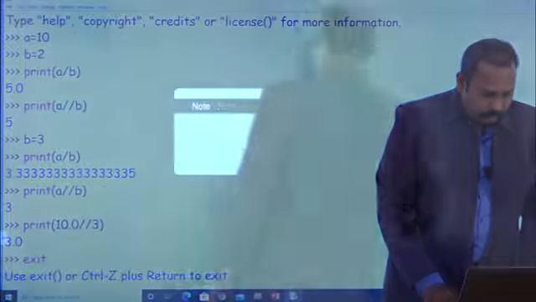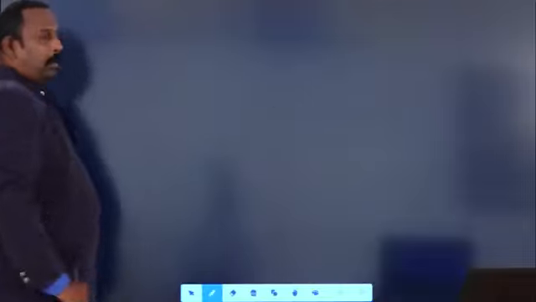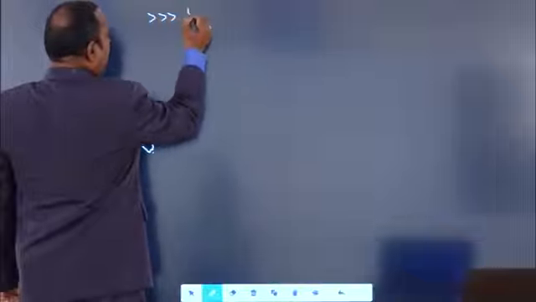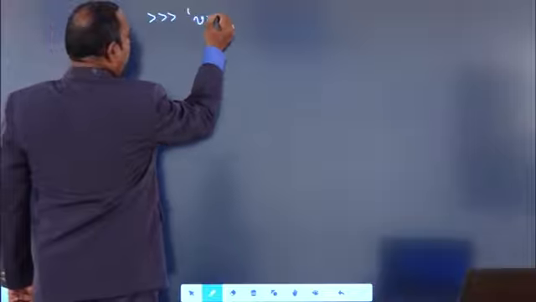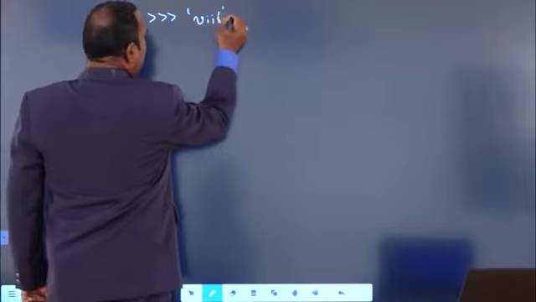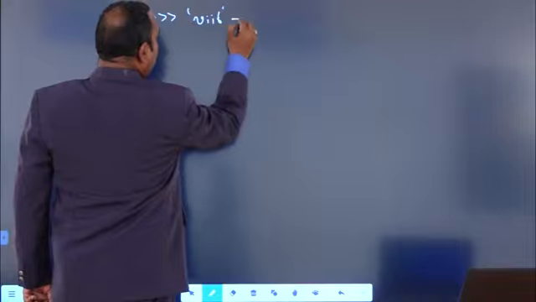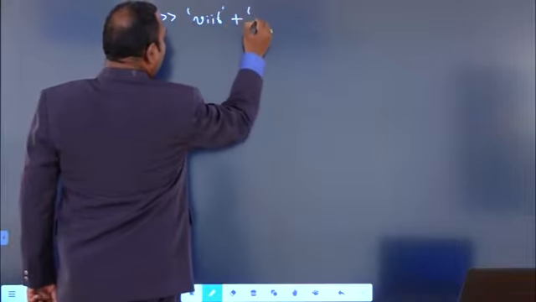Similarly, arithmetic operators can also be used for the string data type. For example, I have written VIIT plus INST.